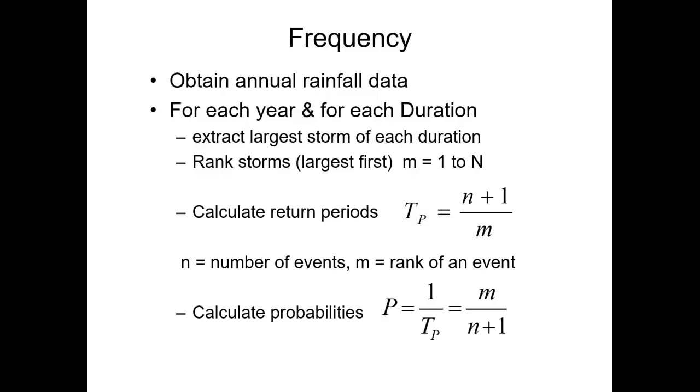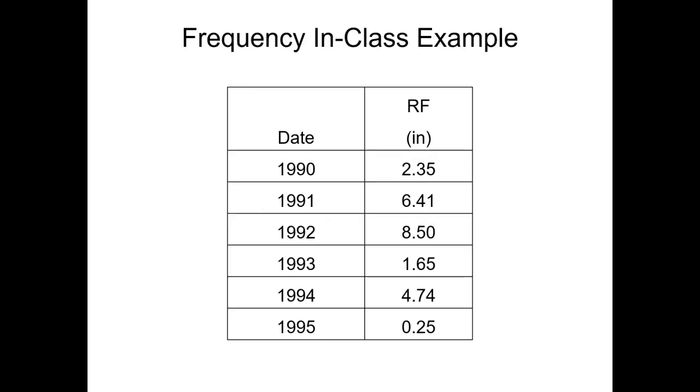The probability that it will happen in 1 year is m over n+1: 1 over 100. So those are inverses of each other. So a 100-year storm has a 0.01, a 1% chance of happening in a year, and happens about once every 100 years.